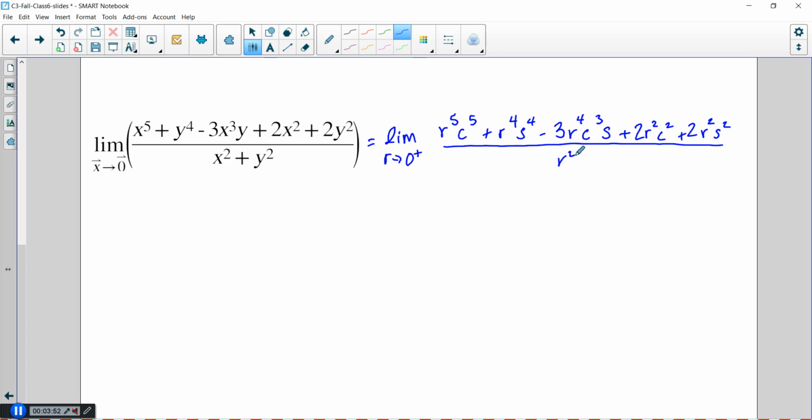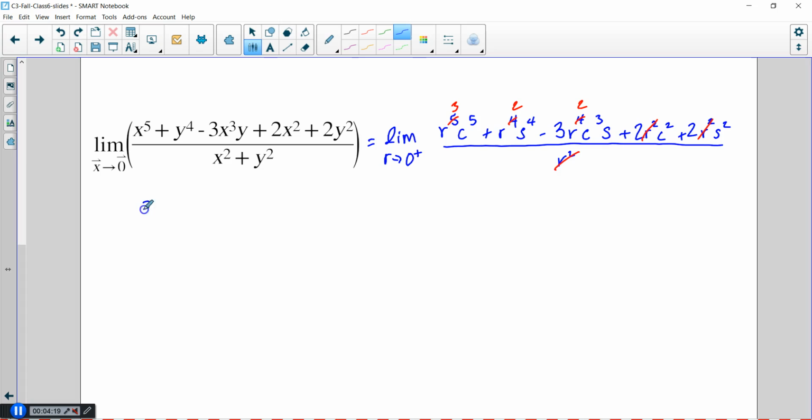It would be r squared times cosine squared, and then another r squared times sine squared, factor out the r squared, and yep, you get it. Okay, and then we can simplify, right? Take out, oops, let's try that again. Take out an r squared from each and every term. Okay, and let's see what I'm left with.